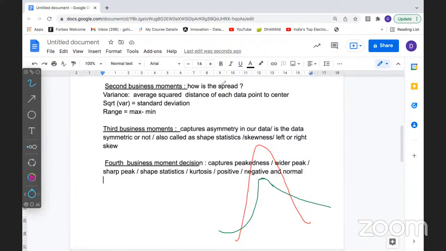And the other one would be very, very wider. So when you have wider, flatty. Normal, and meso. Sorry, this is only meso. This is lepto. This is leptokurtic.